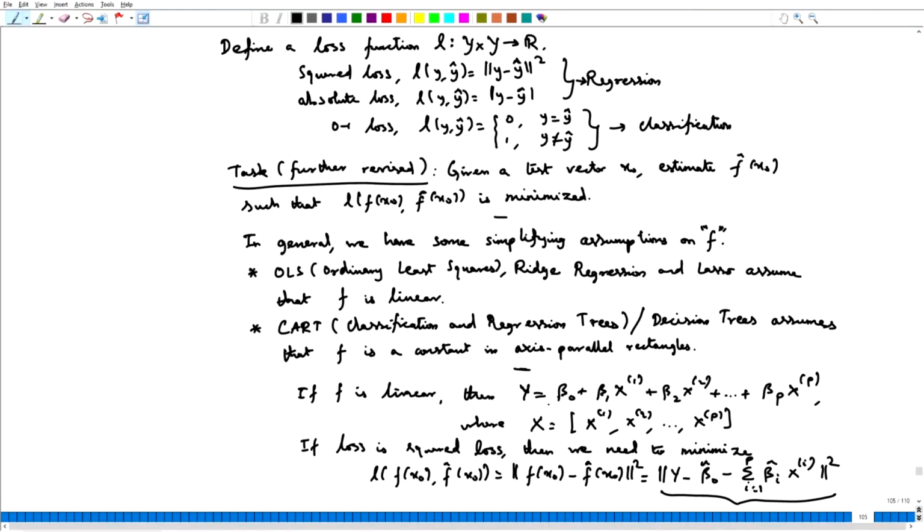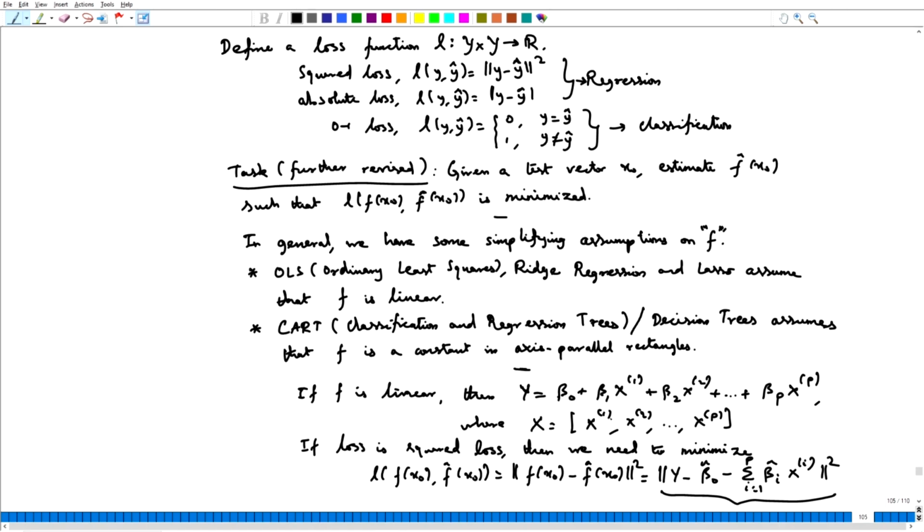We are going to consider the simplifying assumption where f is linear, and we are going to assume that the loss is squared loss. In the previous lecture we saw that if f is linear then y can be written in this form, where x is a p dimensional vector x1, x2, up to xp.